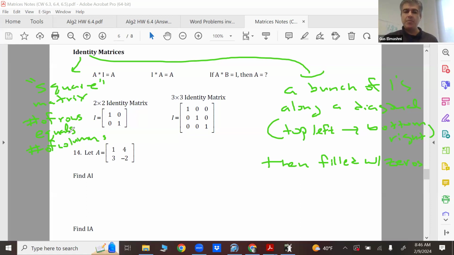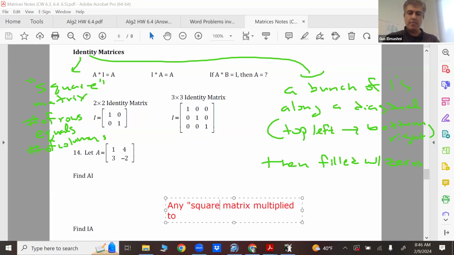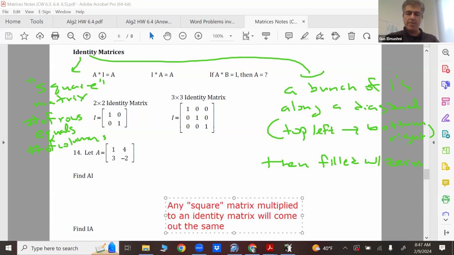Now, what happens when you multiply something by an identity matrix? The identity does not change. So this is also very important. Any square matrix multiplied to an identity matrix will come out the same.